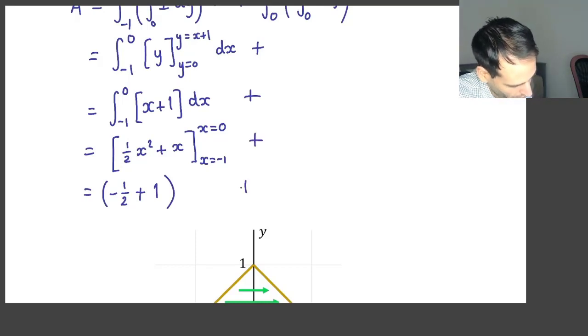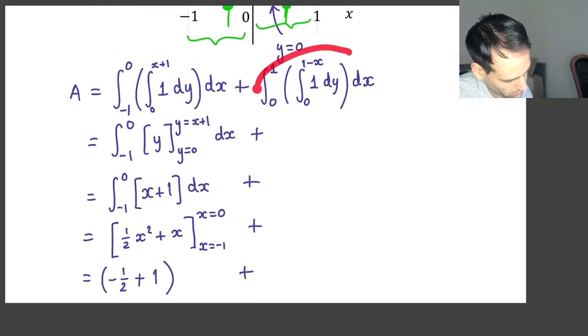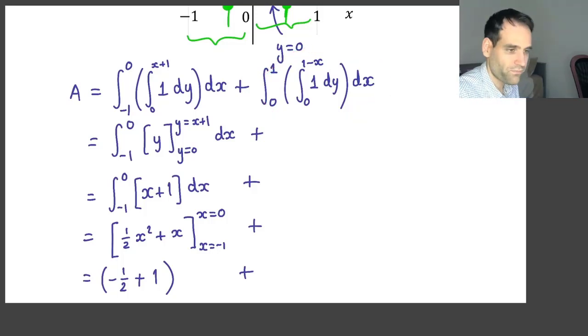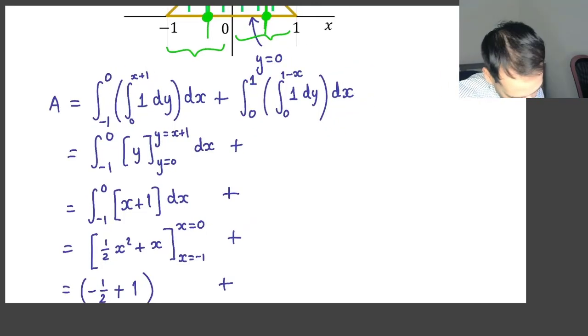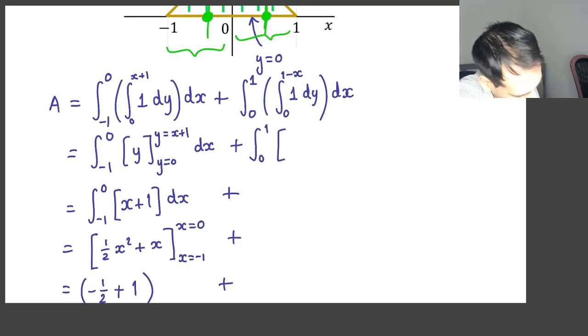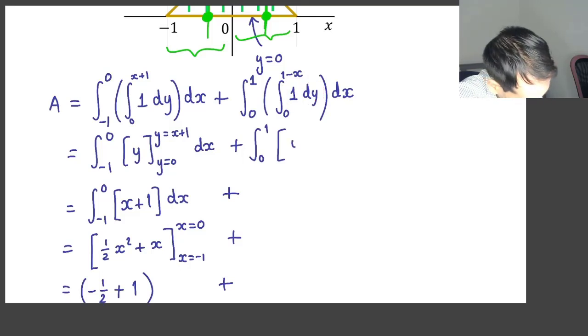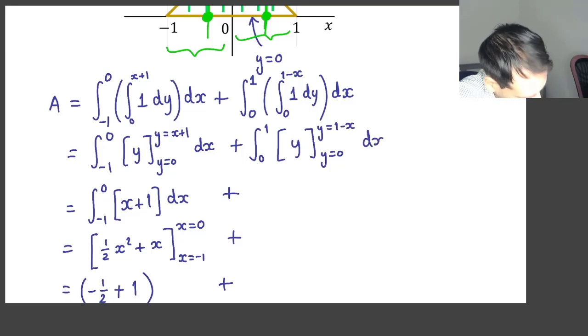But we still need to add the second integral, which I left here. Okay? So let's solve that second integral. We leave the outer integral as it is, but we solve the inner integral. So what's the integral of 1 with respect to y? It's y. And the limits are between y equals 0 and y equals 1 minus x, dx.